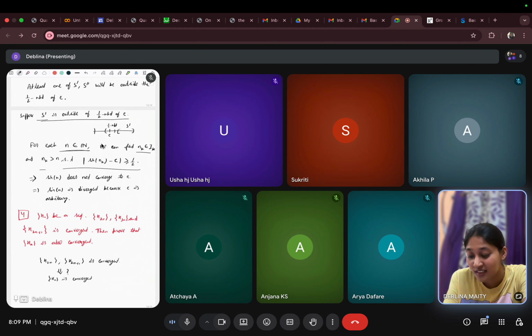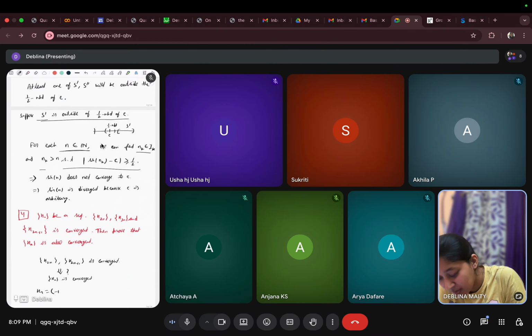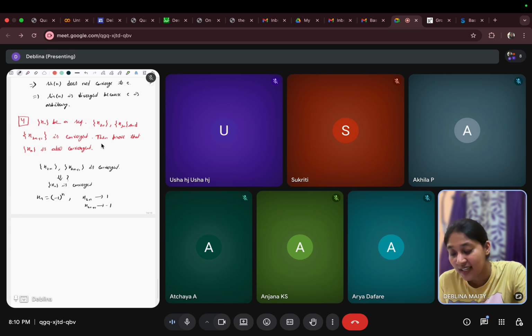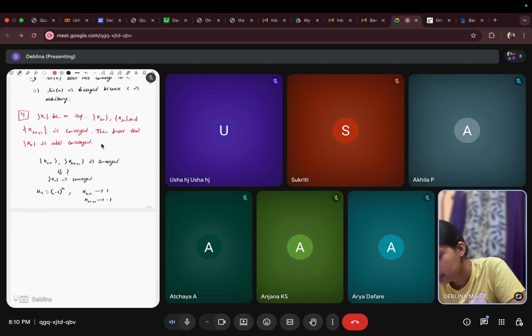But it does not tell that they are going to the same limit. x2n and x2n plus 1 may go to different limits, because if we take this sequence minus 1 to the power n, you will see that x2n will go to 1 and x2n plus 1 will go to minus 1, right? So both of them are convergent, but xn is not convergent. But if you are given that x2n and x2n plus 1 are convergent and they are going to the same limit, then xn is convergent. So okay, we'll prove this later.